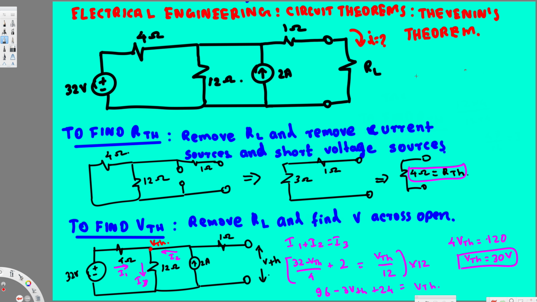Here we have R Thevenin, that is 4 ohm. R Thevenin is equal to 4 ohm, and we found Vthevenin, that is 30 volts. So we have a voltage source of 30 volts, and also we are going to have the load resistance.